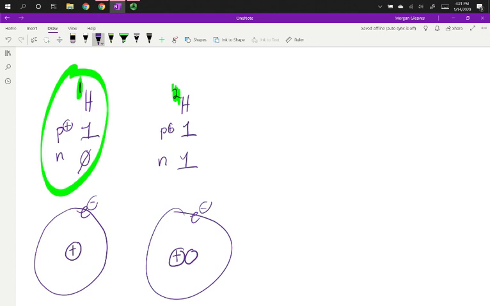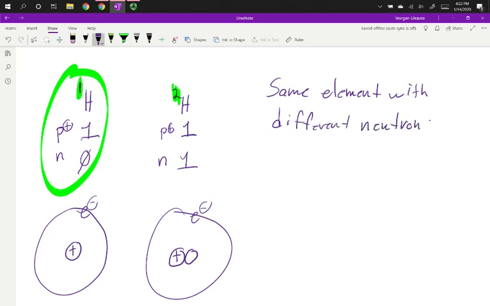This can happen. You can have different numbers of neutrons on the same element. When that happens, the same element with different neutrons are called isotopes.